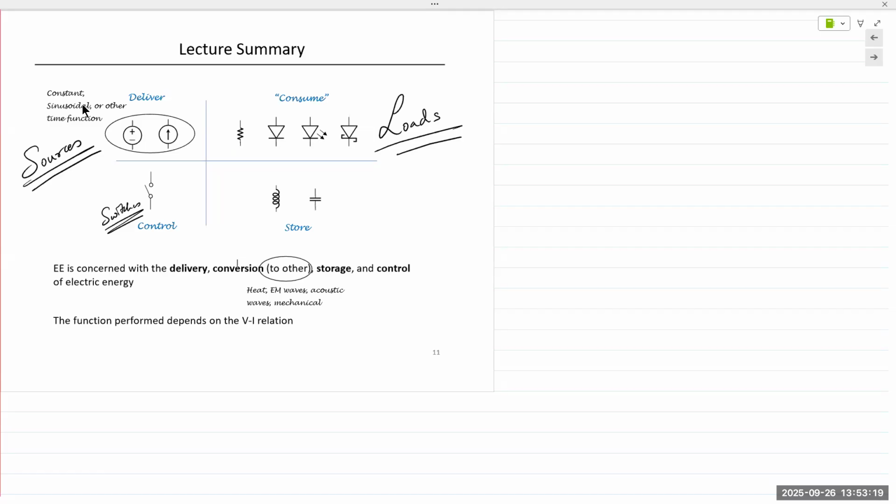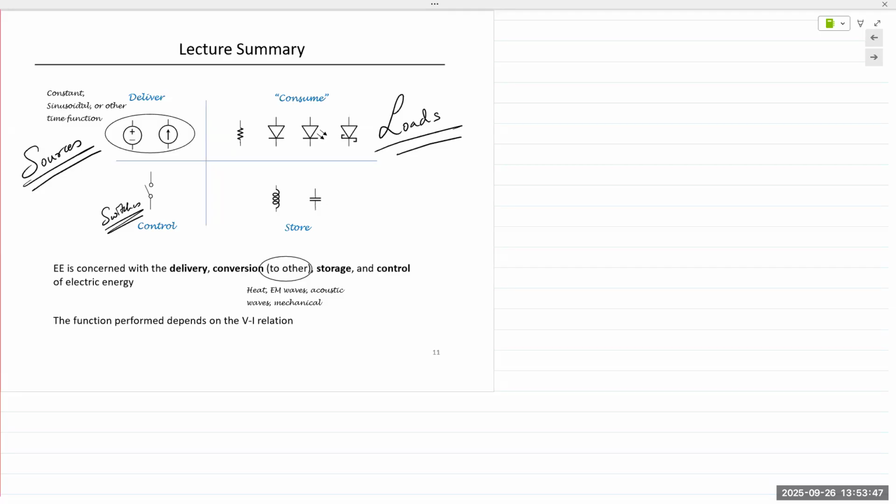So the question being asked is what do we mean by load or consume? The answer is, and I think you answered the question yourself, that yes, it does mean that they are receiving the power. Anything that supplies energy is a source. Anything that receives energy is a load. Capacitors and inductors do not have any energy of their own, so they must first receive the energy.